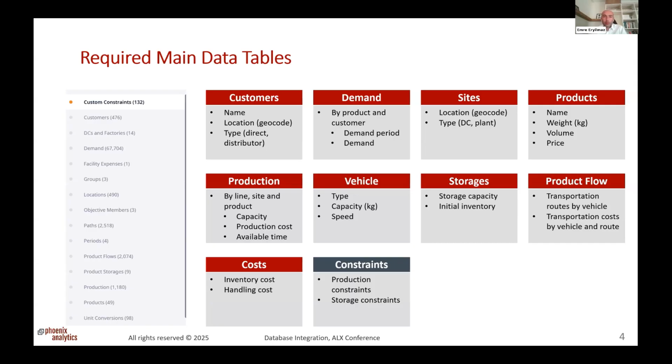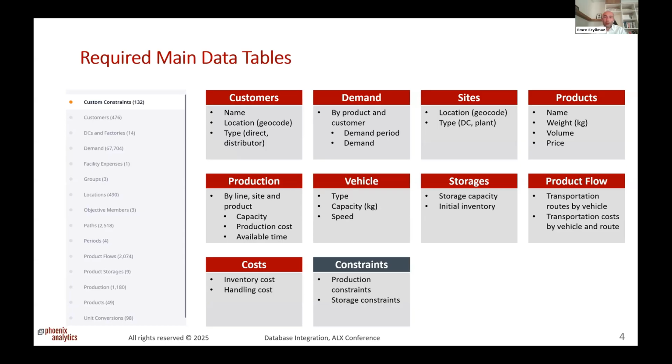The first one is the customers. We need a customer name, ID and its geocode, latitude and longitude, and its type for the CCI network. If it's a direct customer or a distributor, because some rules may change based on the customer type. Secondly, the demand.